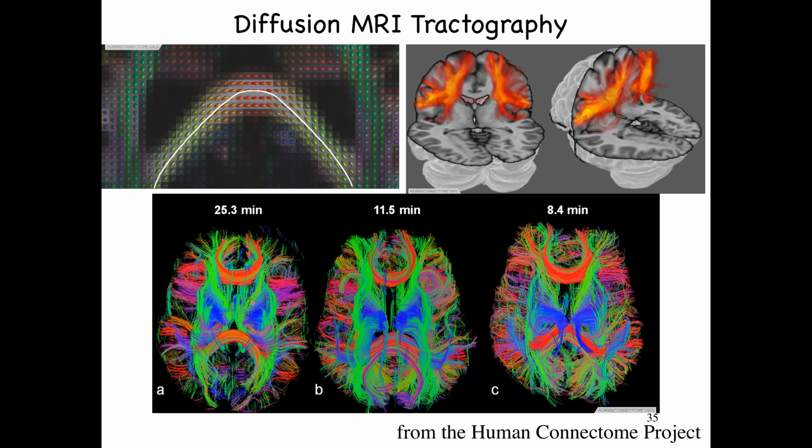So it might be inside a cell, but there's a direction that it can move more easily than a perpendicular direction. And that turns out to map out fiber tracts of these neurons in the brain. And so you get these beautiful maps of how the neurons are interconnected.